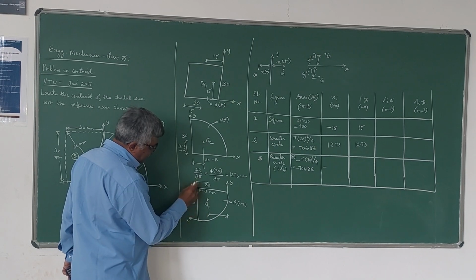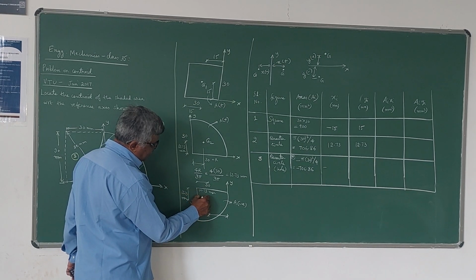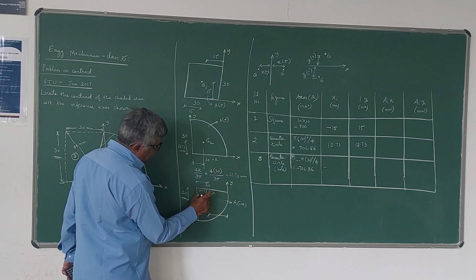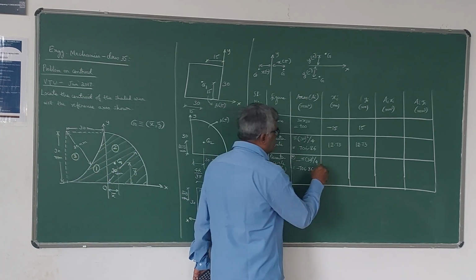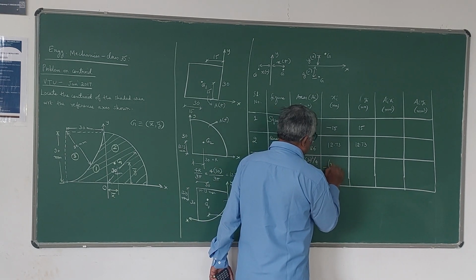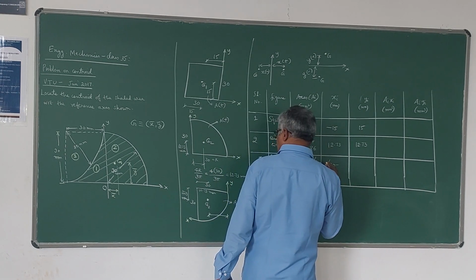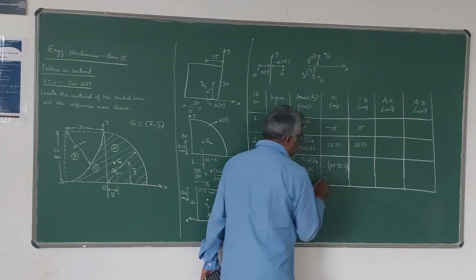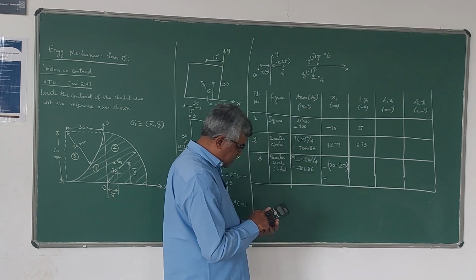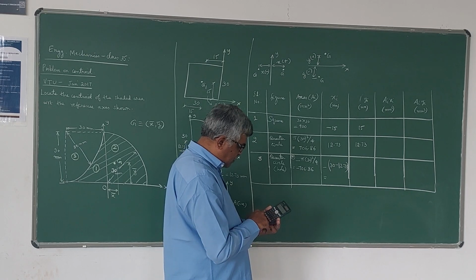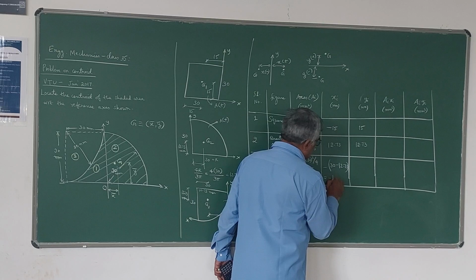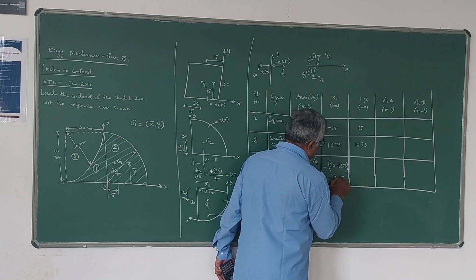From the diameter axis it is 12.73, but I need it from the y-axis, so it will be 30 minus 12.73. So it is minus of, you should be very careful here, 30 minus 12.73, which is found out to be 17.27. So minus 17.27 mm.